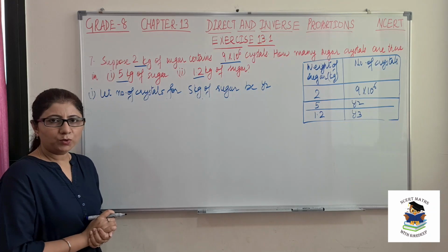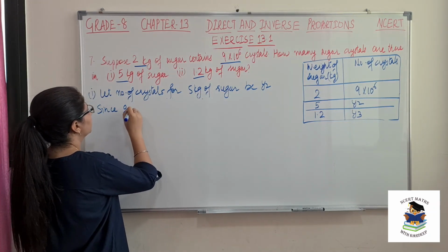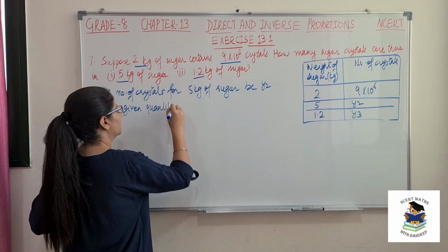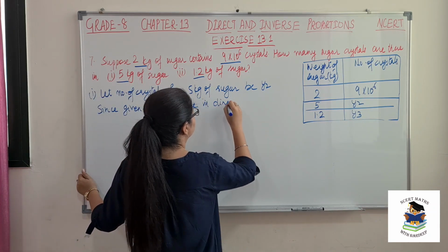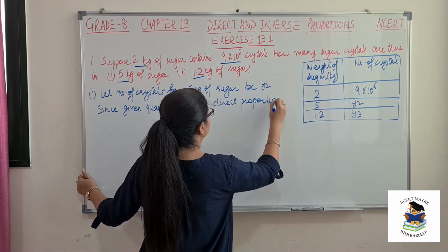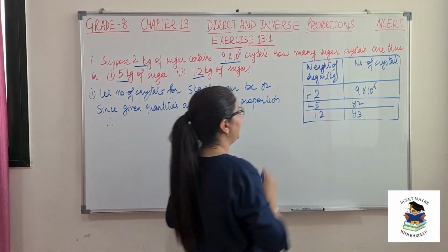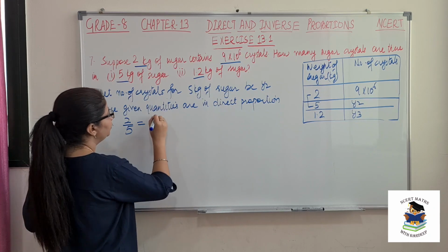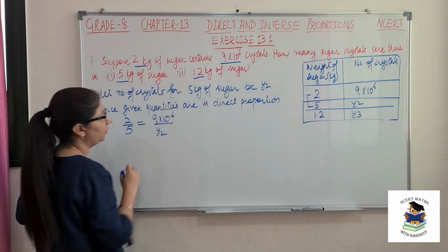Since given quantities are in direct proportion, therefore, first we will take these two values, that is 2 over 5 is equal to 9 into 10 raised to power 6 over Y2.